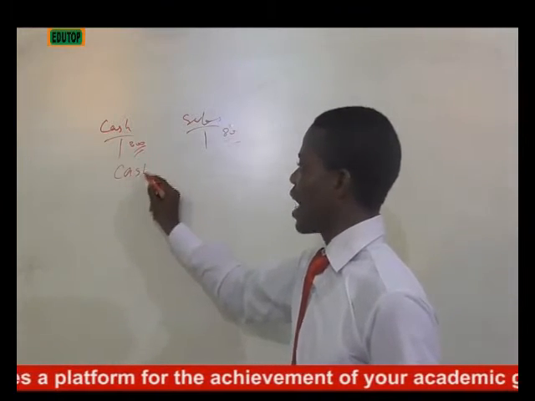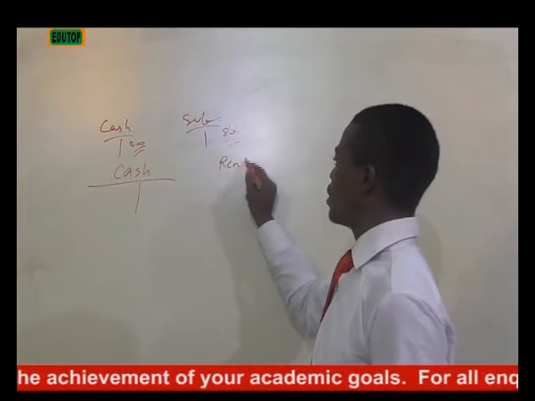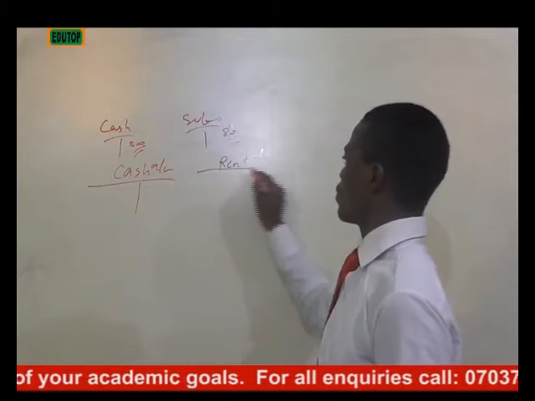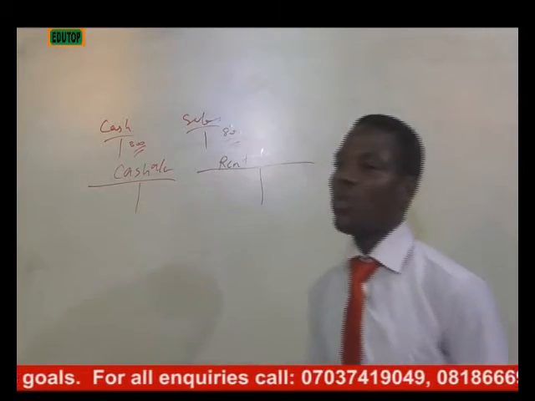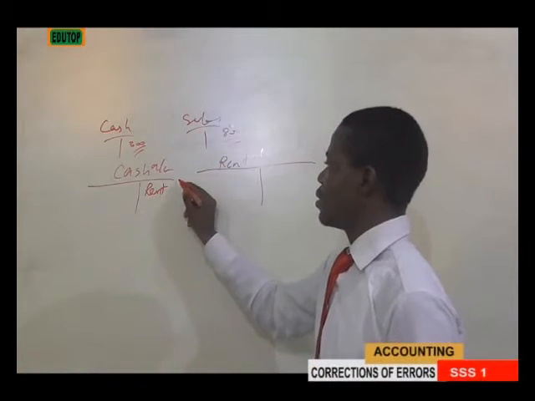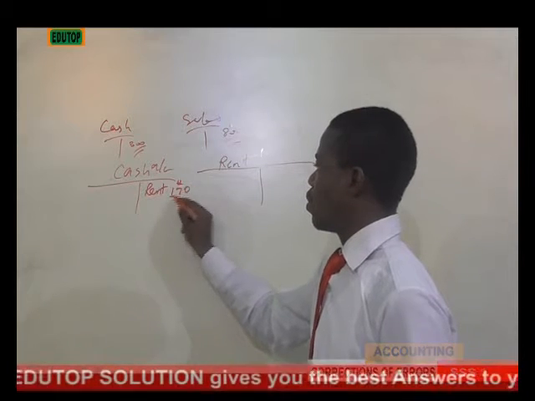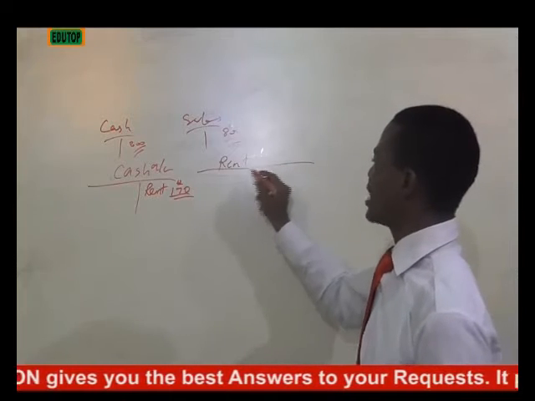Now, this is a cash account, this is a rent account. Look at it. They said the payment of rent by cash was entered into the cash book as rent, $170, but not entered into the rent account.